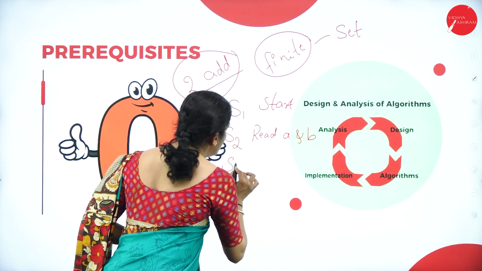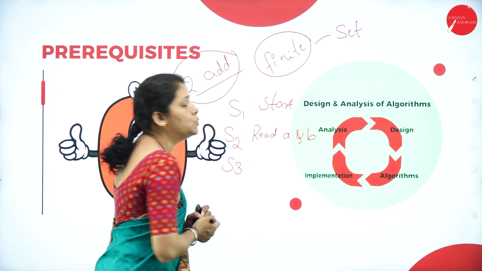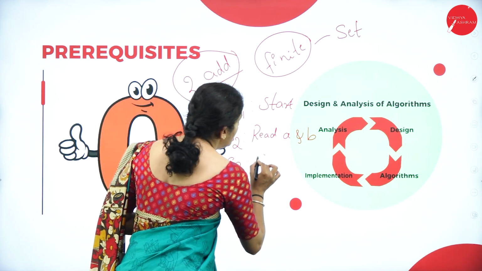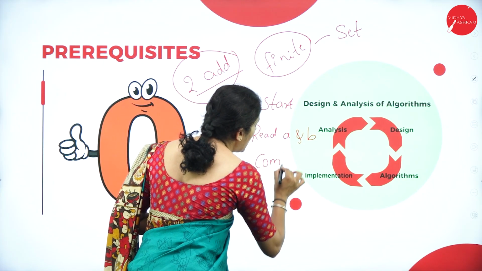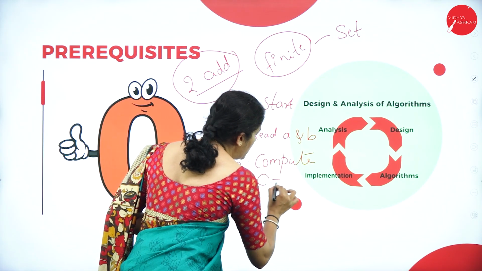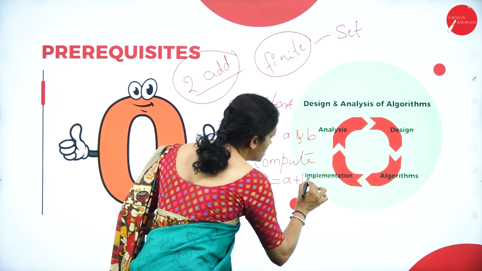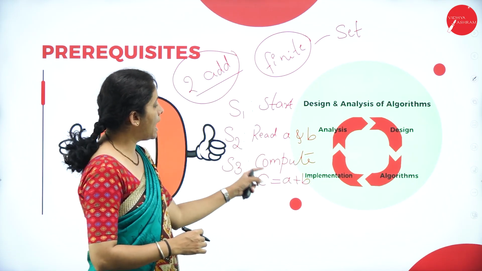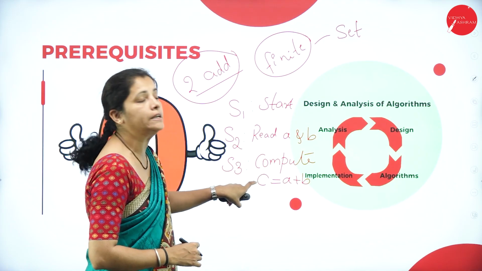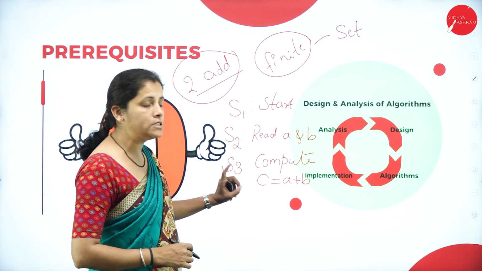After reading, I want to find the summation. So step 3 is compute C equal to A plus B. I add A and B and store the result in another variable called C.